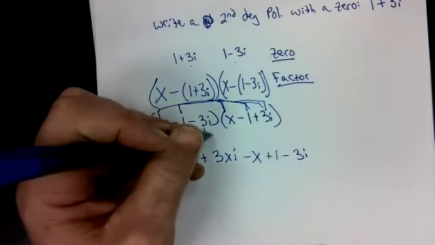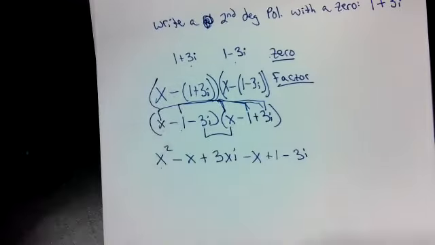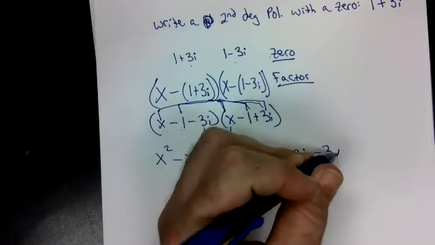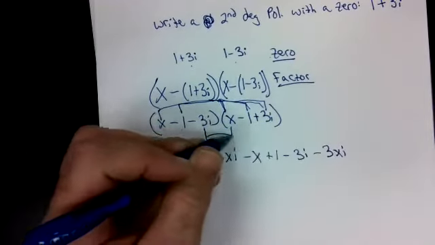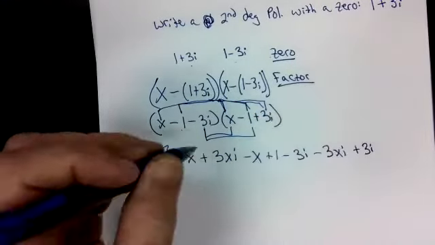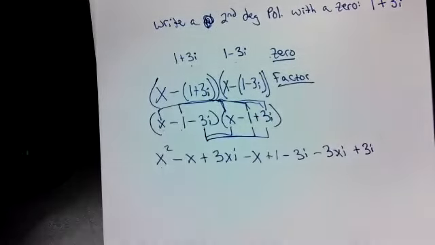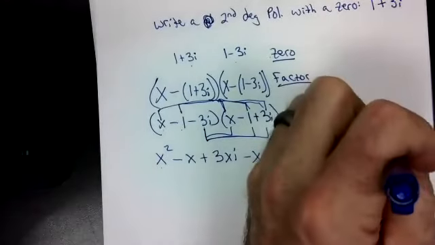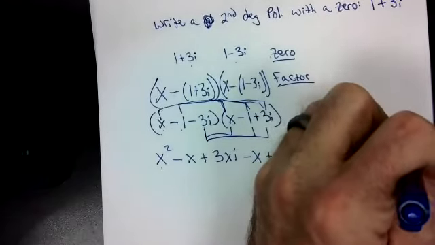And last but not least, again, we multiply negative 3i times x is negative 3xi. Negative 3i times negative 1 is positive 3i. And negative 3i times positive 3i is a negative 9i squared.